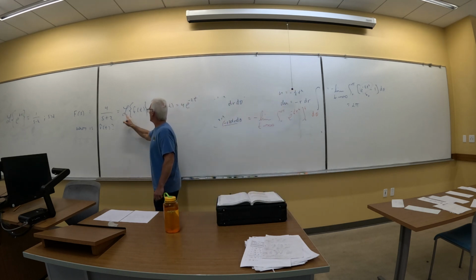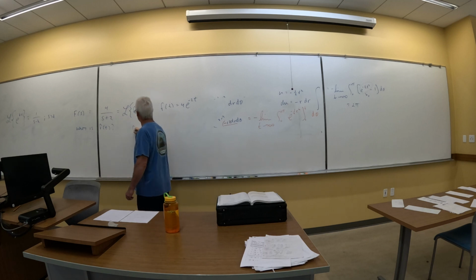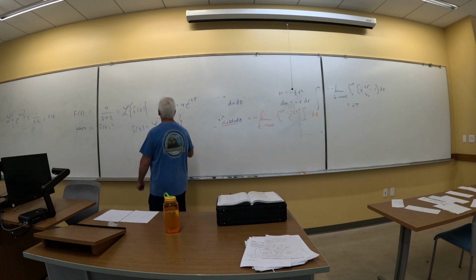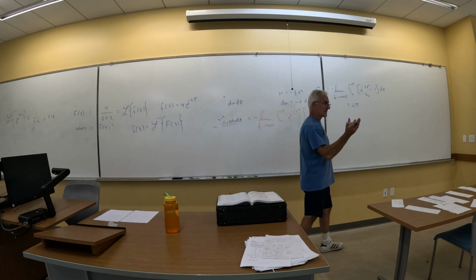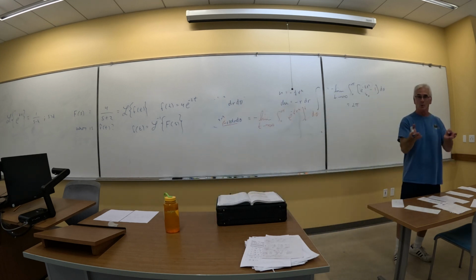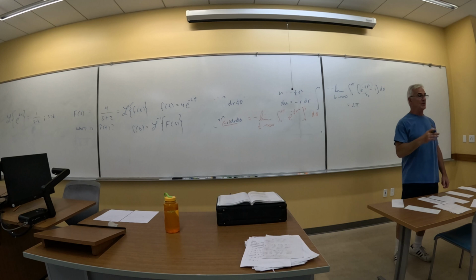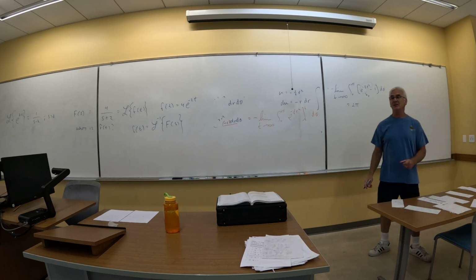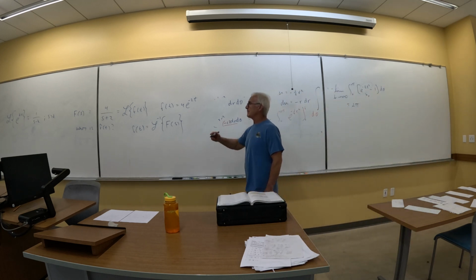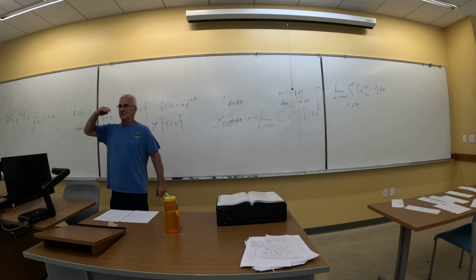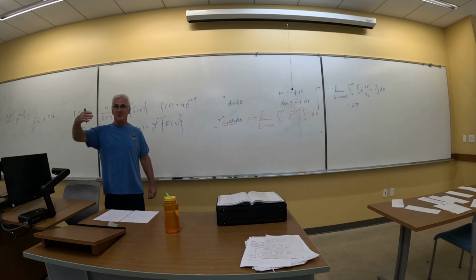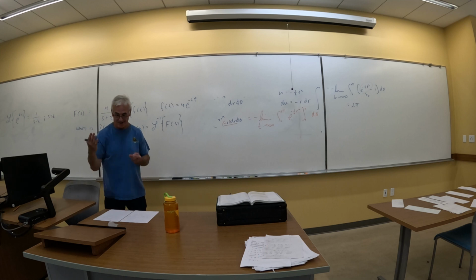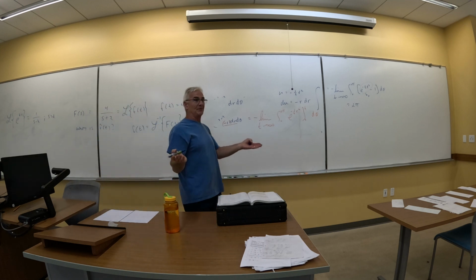Well, L of f of t equals F of s, so f of t, we would actually just simply write as the inverse Laplace transform of F of s. The negative one will serve the role of the inverse like it always does. So this would be the notation. The last day I said the analogy would be the Laplace transform is mindless. When I take the Laplace transform of a function or a combination, I just do it. It's like derivatives. I don't have to think about it.